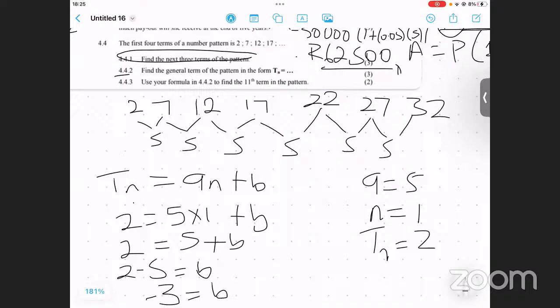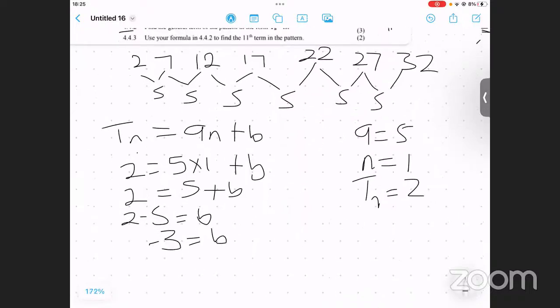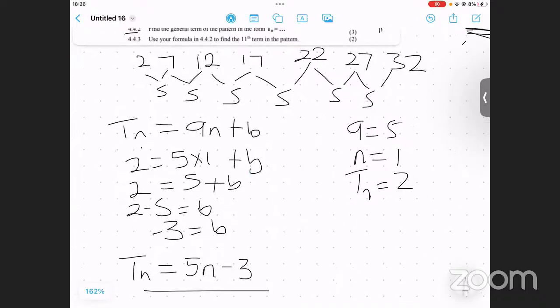Therefore, our formula is Tn is equal to 5n minus 3. That's our formula. Okay, cool. This is our general term.